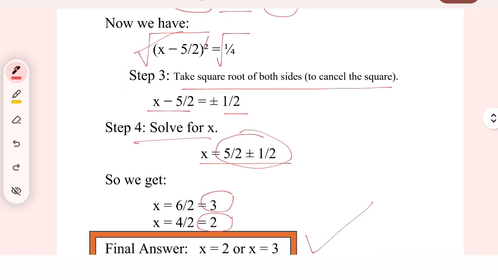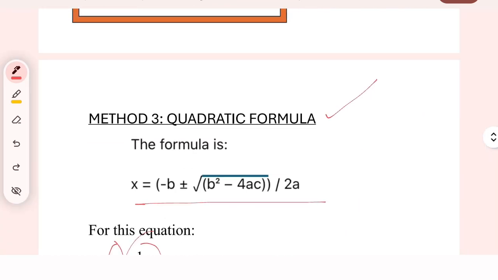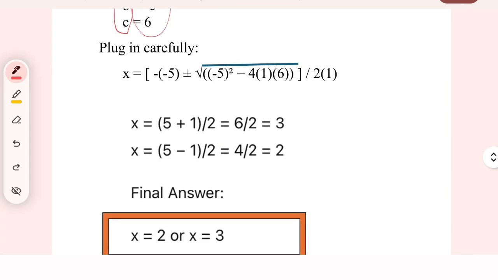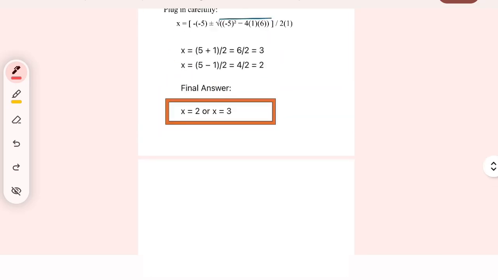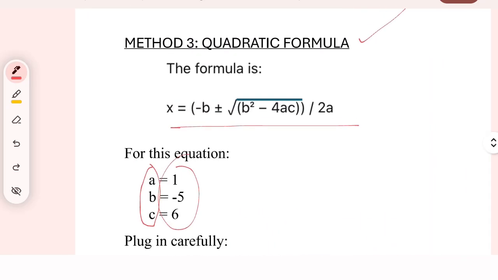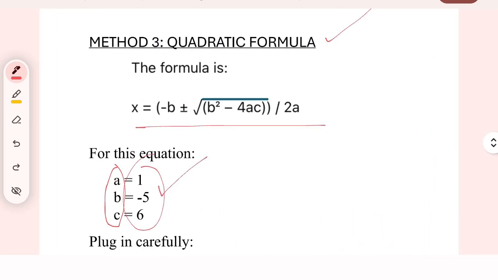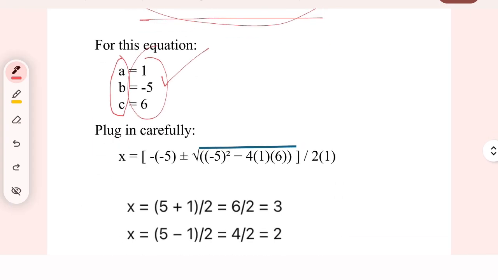Once you have a, b, and c, you just substitute them into the quadratic formula. So here you go. You substitute this into the formula, and then this would look like this.